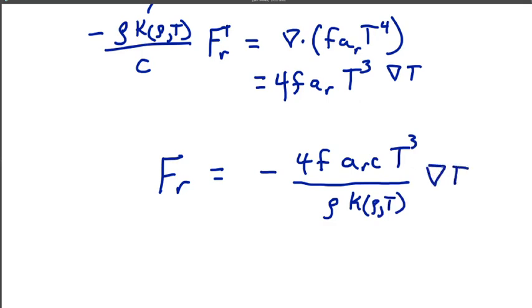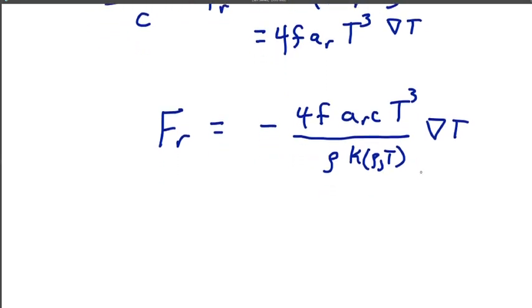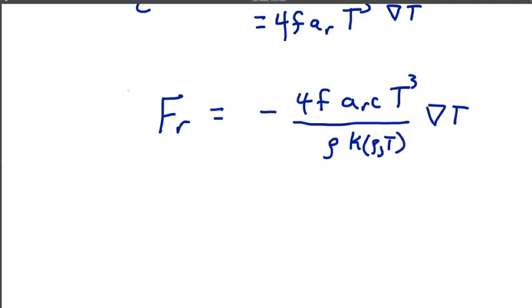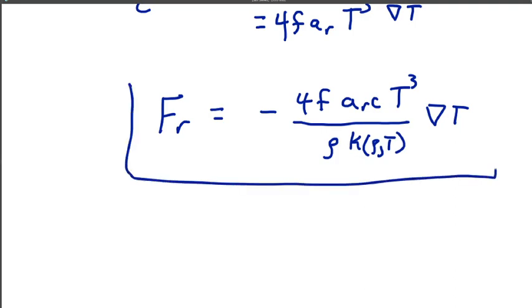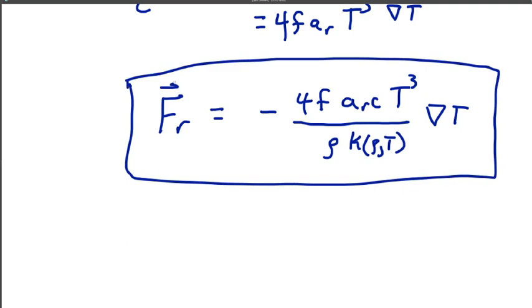All right, so what can we say of all of this? First of all, we see that the radiative flux vector points down the temperature gradient. So it points from hot to cold because of the minus sign in our equation.